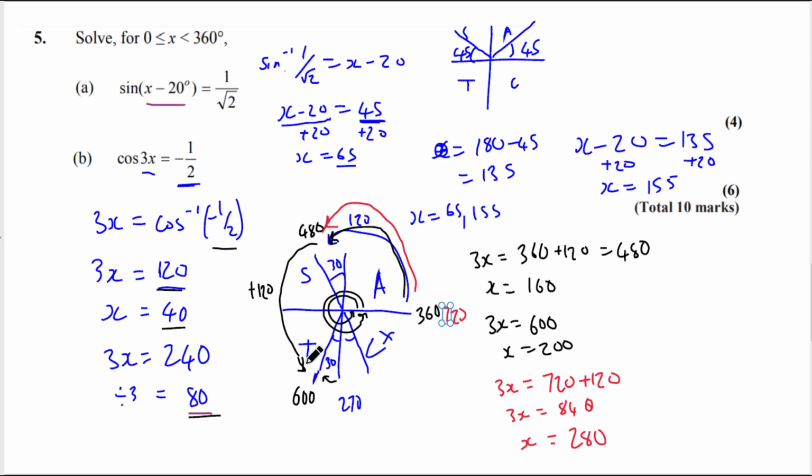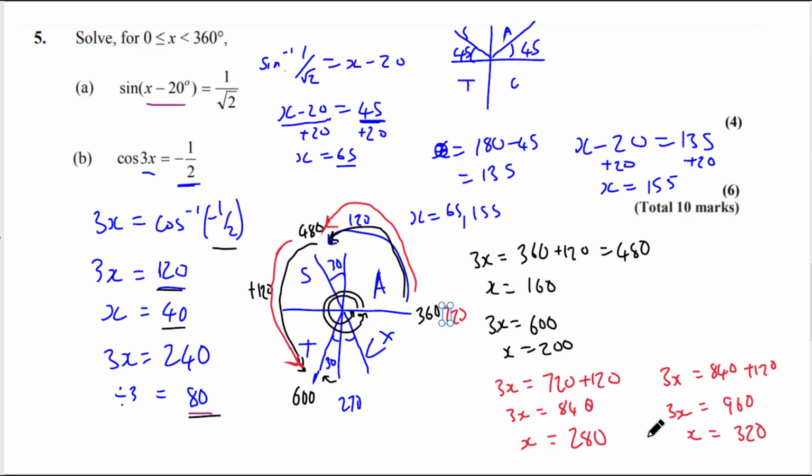And you can see we've got one final solution, going round, adding another 120 to the 840, so 3x equals 960, and x equals 320.